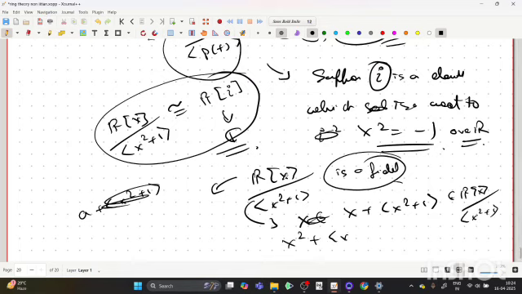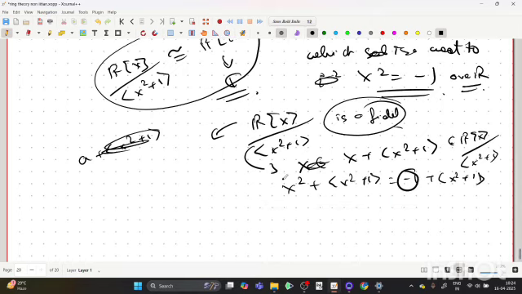If I square it, I get minus 1 plus (x^2 + 1). So x corresponds to the element i, or rather, x can be identified with i. It might sound a bit confusing, but I would ask you to go through this part in detail, and you will get to know what I'm trying to say. Okay, fine.